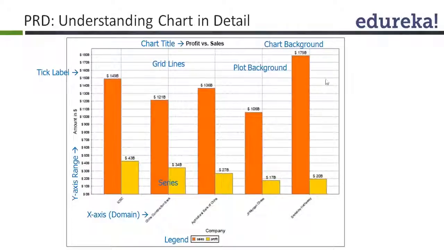So you can very well look at that, and you can quickly see the last element, which is Berkshire Hathaway, Warren Buffett's company. Okay, so actually it's the other way around. They have huge margin, but there is too much sales. So $179 billion sales and only 20 billion profit.